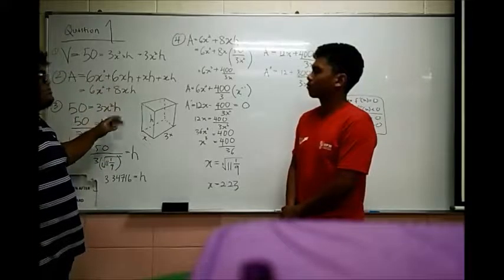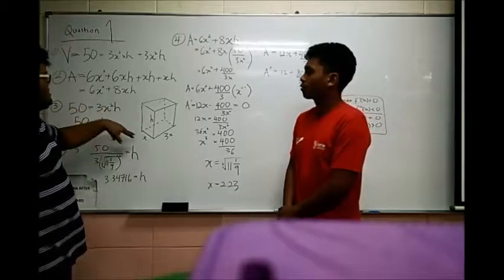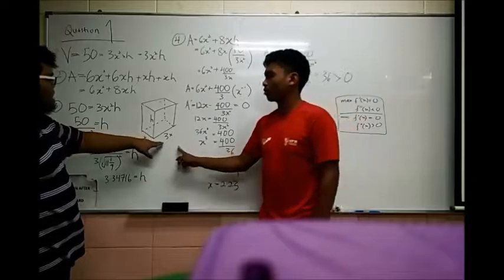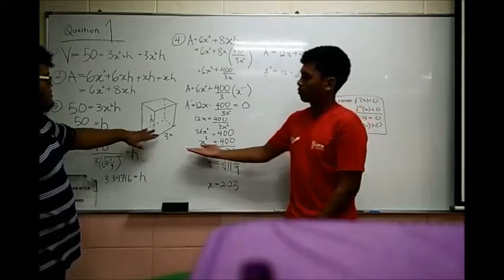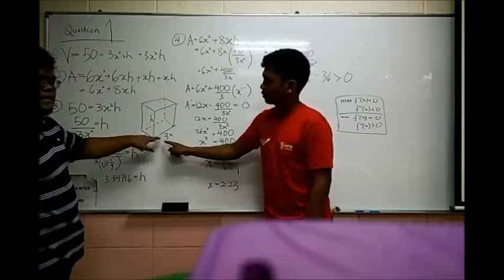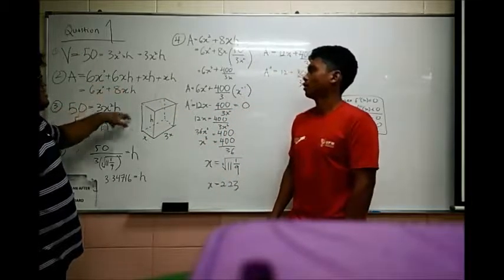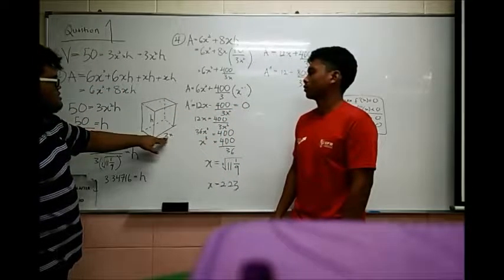So actually it's quite simple. We just find the total of the sides. We have 3x squared for the base and 3x squared for the top, so 3x squared plus 3x squared gives 6x squared, plus 6xh from the 3xh sides.